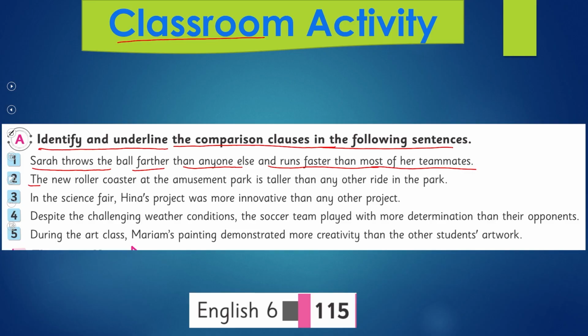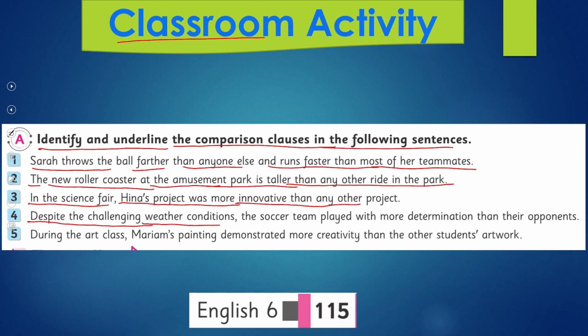Sentence number 2: The new roller coaster at the amusement park is taller than any other ride in the park. In the science fair, Hina's project was more innovative than any other project. Despite the challenging weather conditions, the soccer team played with more determination than their opponents.